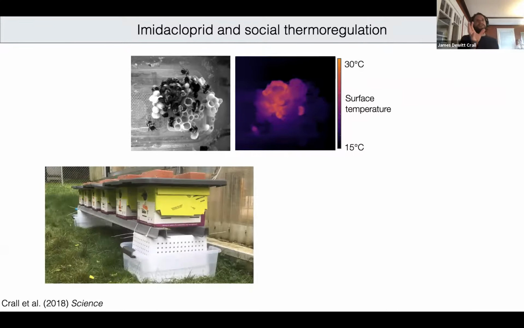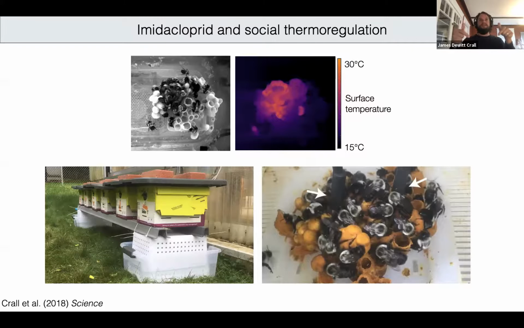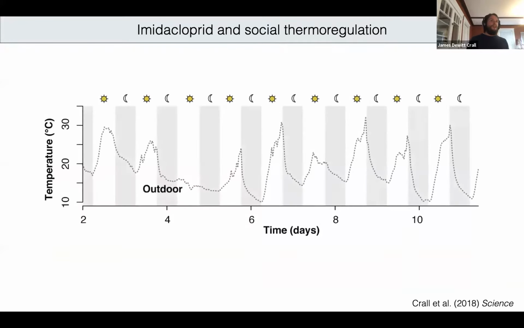And so what we can do is study this behavior in outdoor conditions. These are some commercial bumblebee colonies where we just stick temperature probes directly in contact with developing brood and measure how well bees are doing this important behavior. So here, in gray, is the outdoor air temperature over the course of a little more than a week.